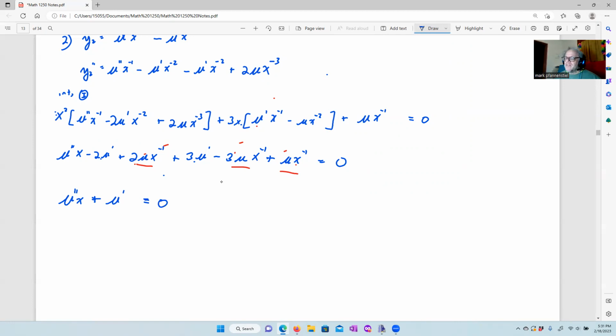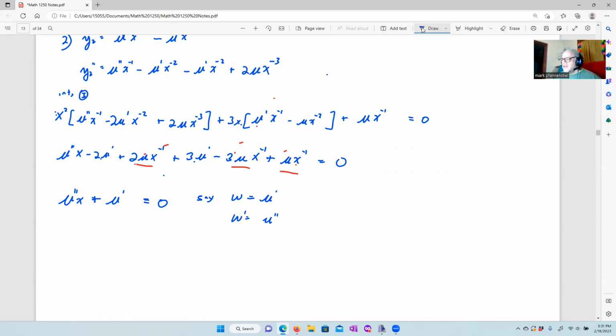Now, look at this. We could say w equals u tick. So w tick would equal u double tick.